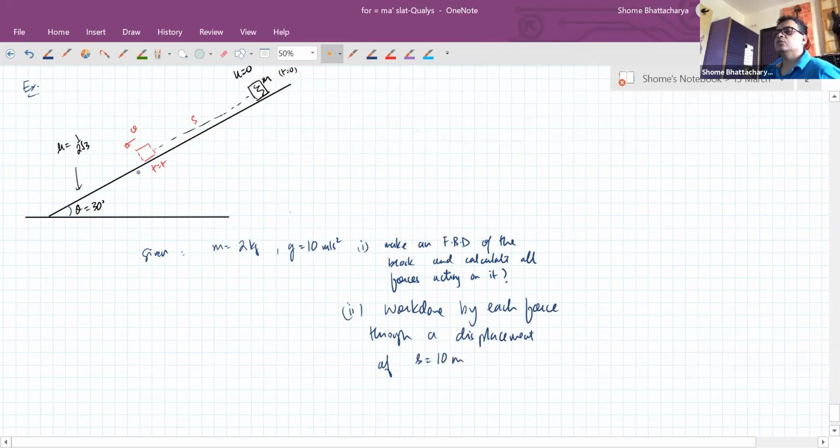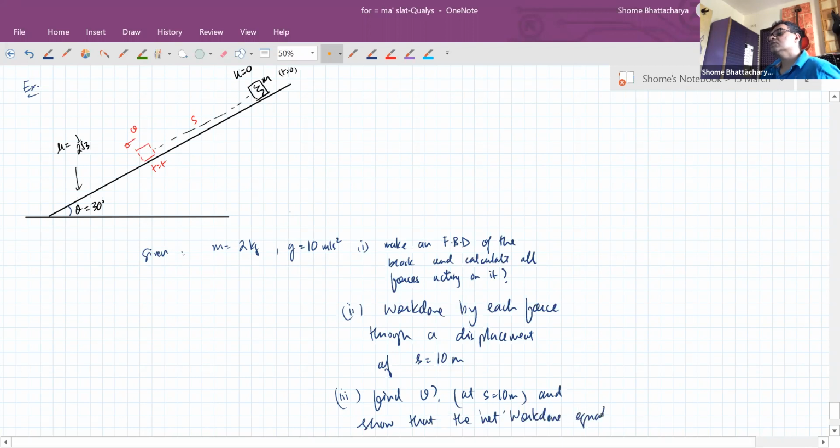So if it is displacing through 10 meters, then find v at s equal to 10 meters and show that the net work done equals half mv square. That is the kinetic energy that the block has at this point of time.